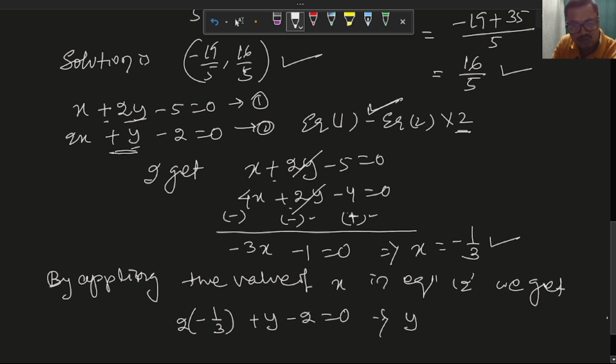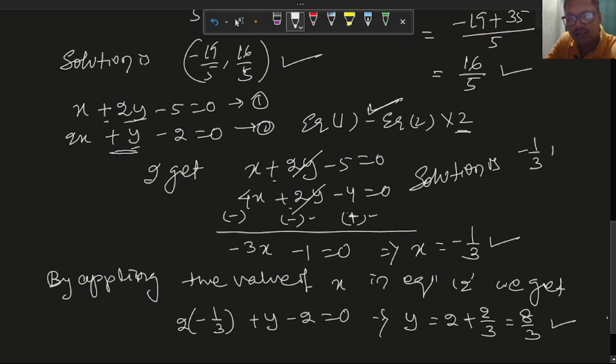That implies y = 2 + 2/3, that results in 8/3. So the solution is (-1/3, 8/3).